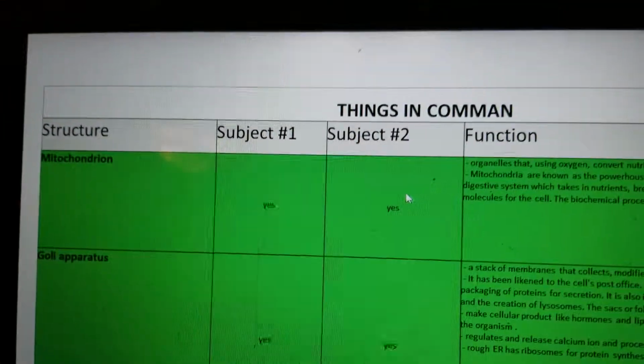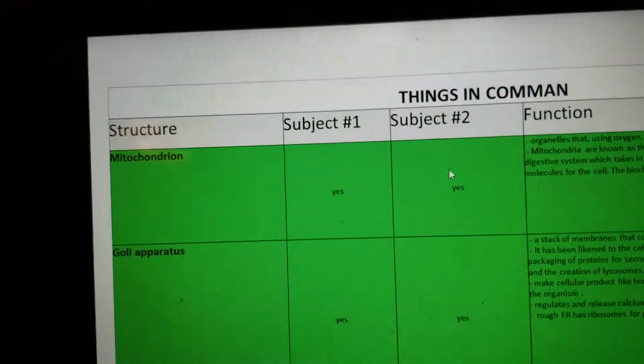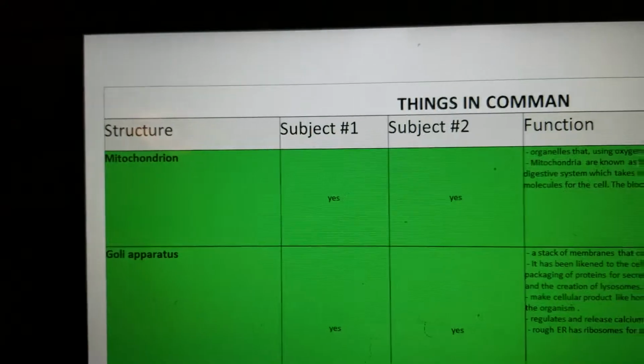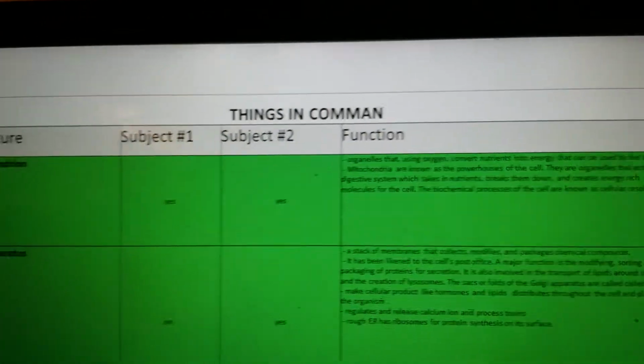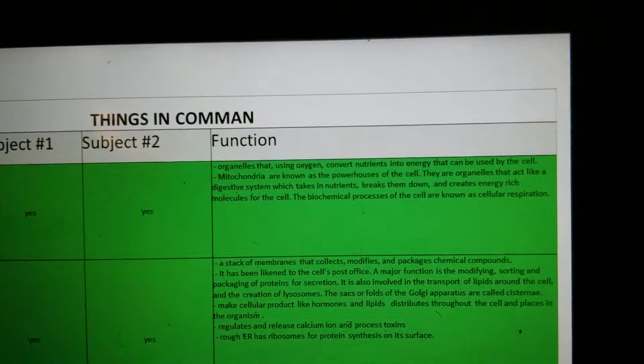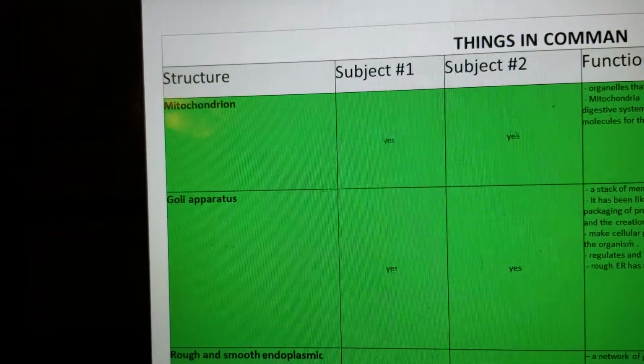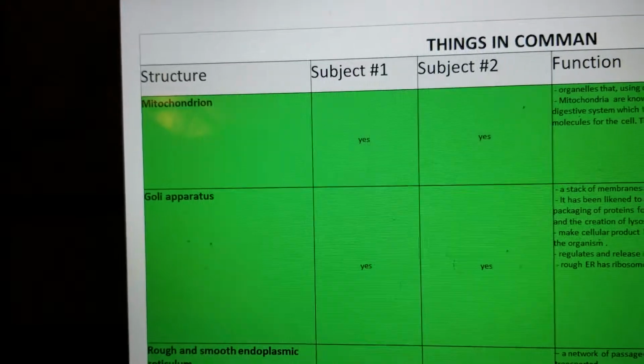So the first thing that is common to both plant and animal cells is that they both have a mitochondrion. The mitochondrion is basically the powerhouse of the cell. The second item is a Golgi apparatus.